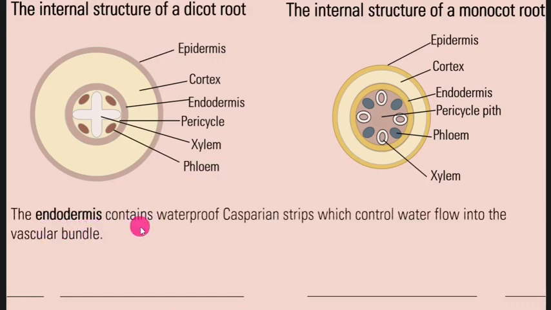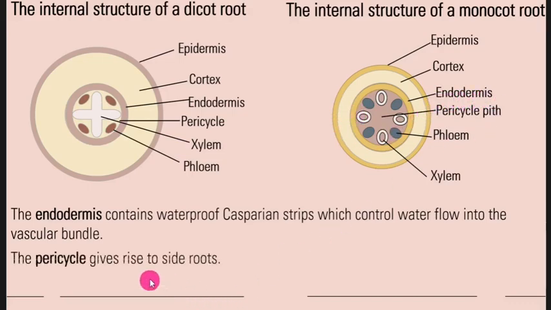The endodermis contains waterproof Casparian strips which control water flow into the vascular bundle. So when water is coming, they control it so that it flows nicely inside there. Equally here, the same thing, the endodermis.